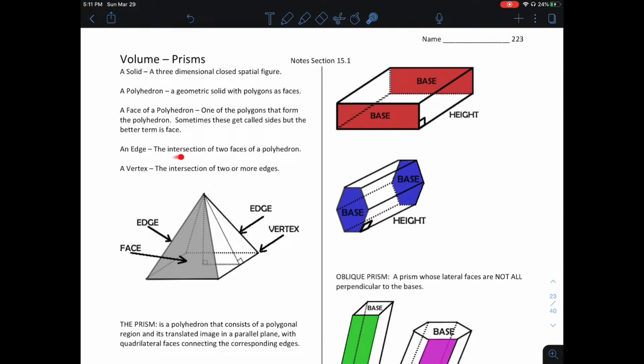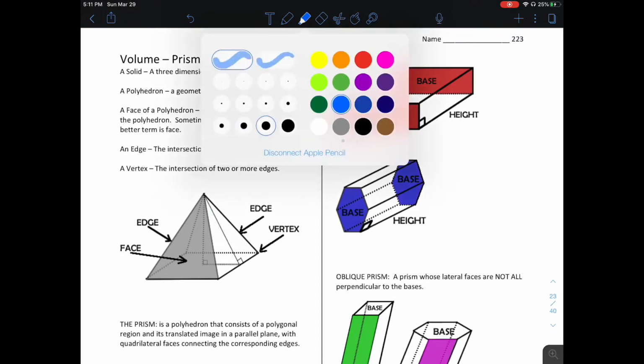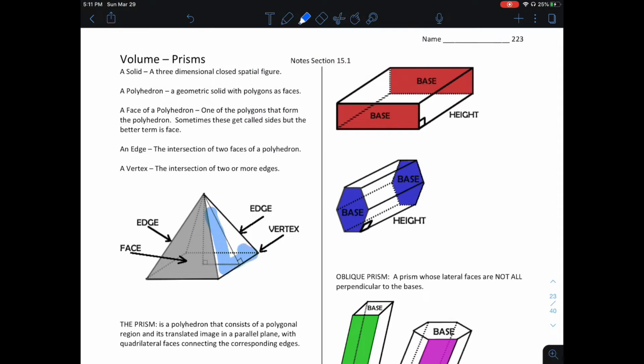An edge, the intersection of 2 faces of a polyhedron. So for example, let's say this blue face and the gray face, they come together and they form what is called an edge. 2 faces intersect, it's an edge.